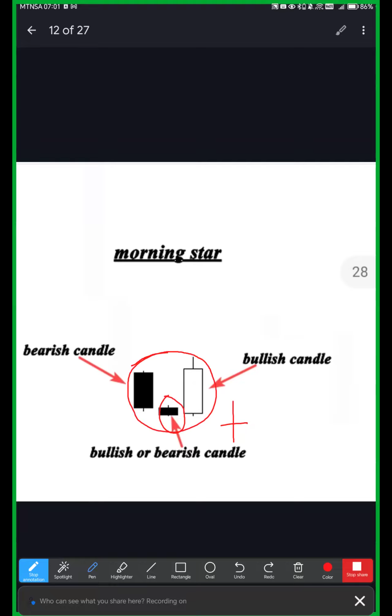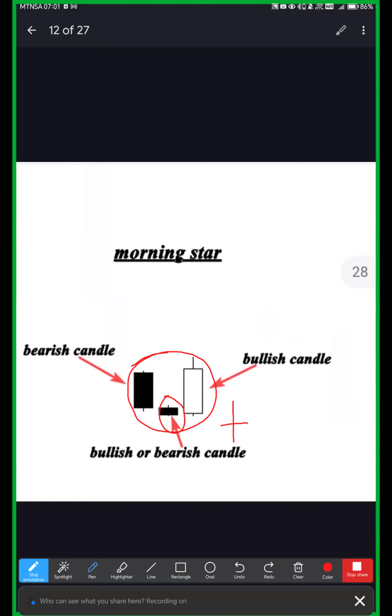So this is a method. The morning star is a pattern that shows us how buyers normally come into the market and take control of the market from sellers. This is the technique buyers come into the market with to take the price from sellers.